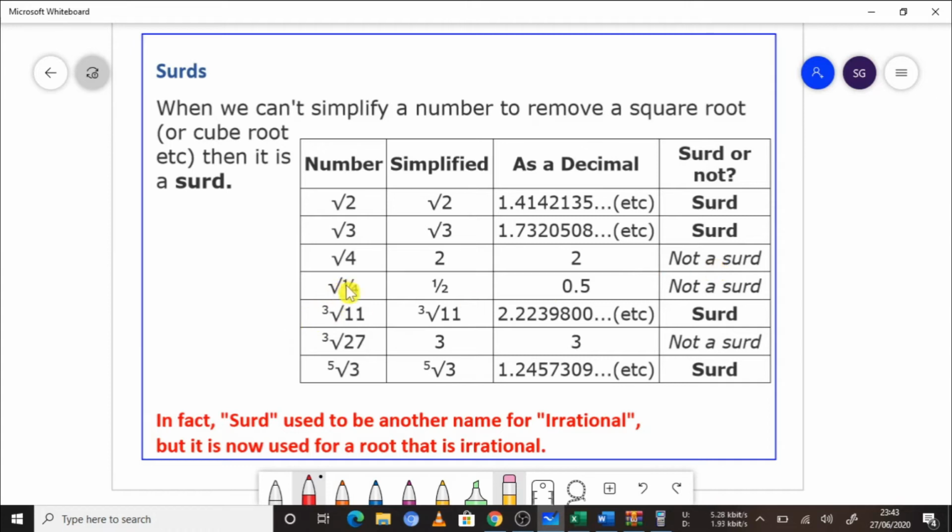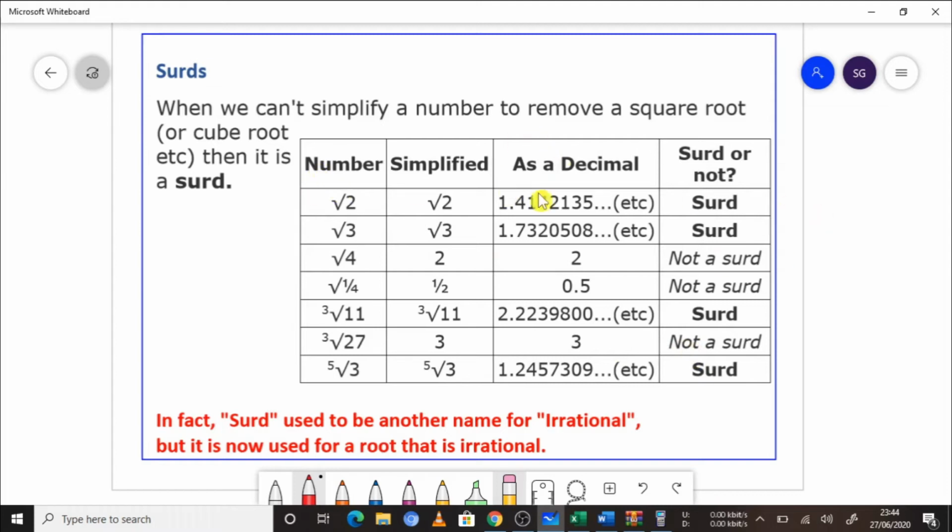Similarly, square root of 1/4 is 1/2, and 1/2 is a fraction. In decimal form, it's a terminating decimal, and so it's again not a surd. Then cube root of 11 is a surd because its decimal value is clearly non-terminating and non-recurring, whereas cube root of 27 is a single number 3, which is a rational number, hence not a surd.